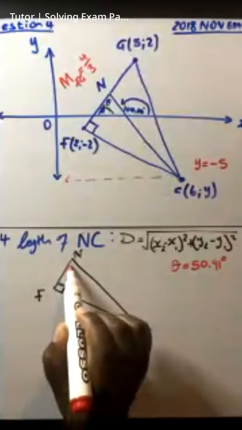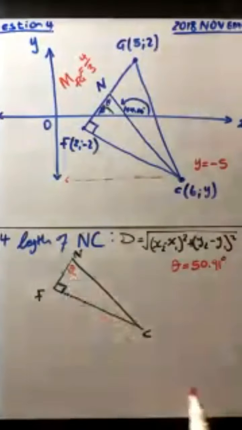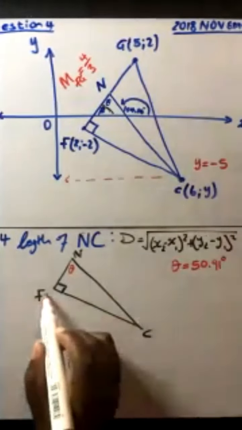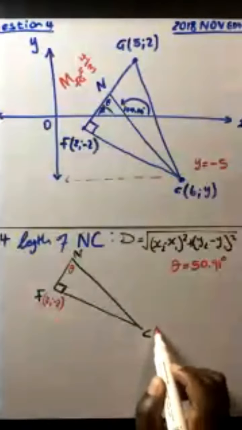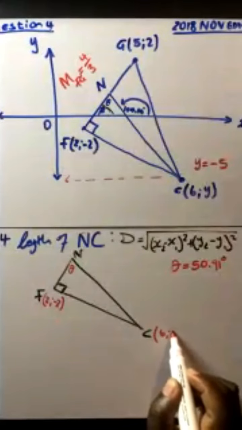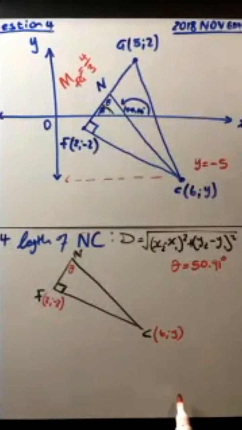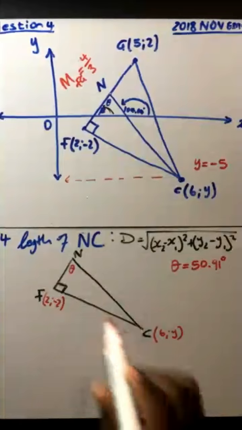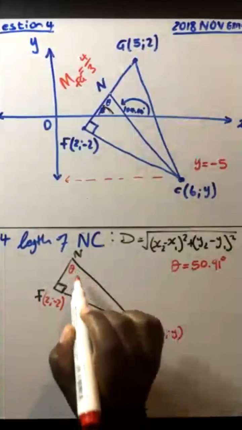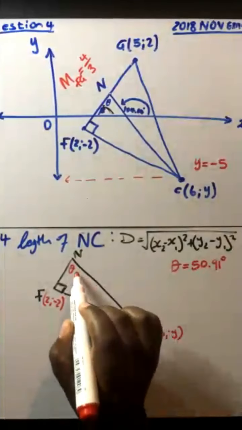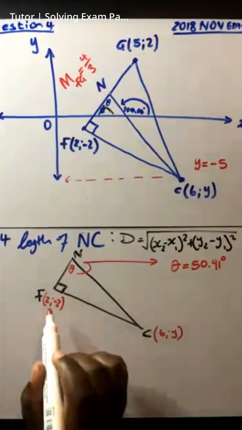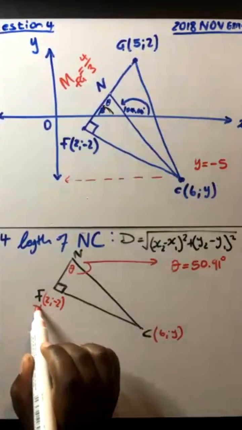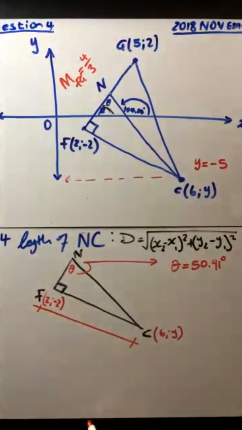So that means we've got that angle over there. And again, remember, we've got the coordinates of F, we've got the coordinates of C. So now that we've got the value of that angle, which is that one, what if we've got that length, ladies and gentlemen?